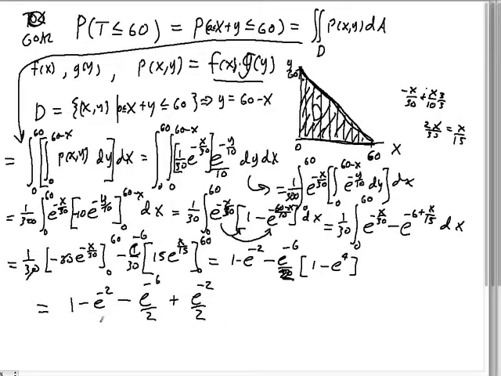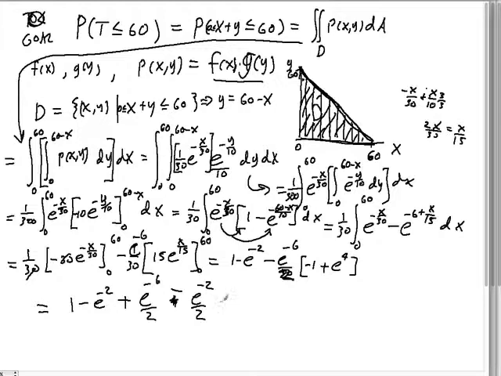Okay, so we have a minus there and a, oh, sorry, I made a mistake here. We should have had these signs the other way around, like that. So we're going to have a plus there and a minus there. That's better. Okay.